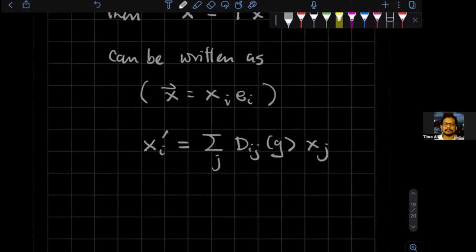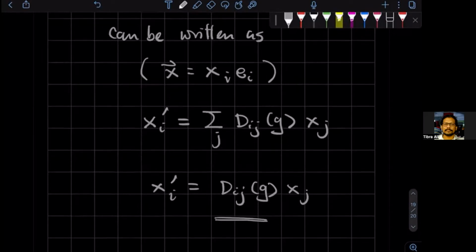Okay, so in the Einstein convention, which is something we will be following, we can write this as Xi prime equals D of ij of G acting on Xj, right? So these are the matrix representation of the group G. Okay? Because this is just following what we know from linear algebra.